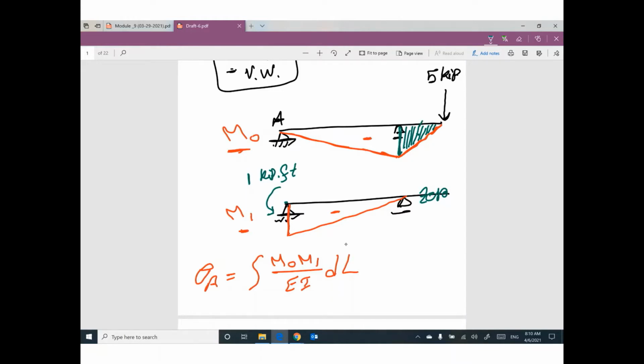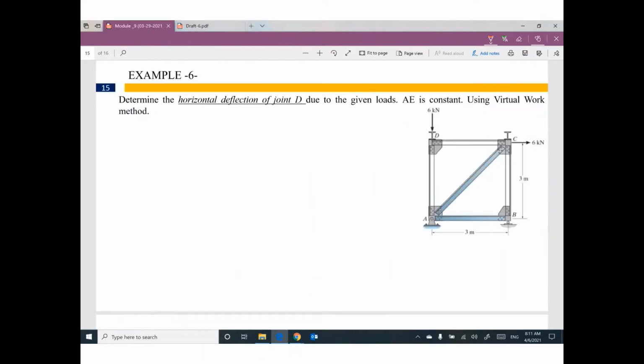If you have a diagram for M naught and nothing for M1, the integration will be 0. The second one, be careful about the integration of this triangle with this triangle. What is the problem? We covered this before many times. Be careful.